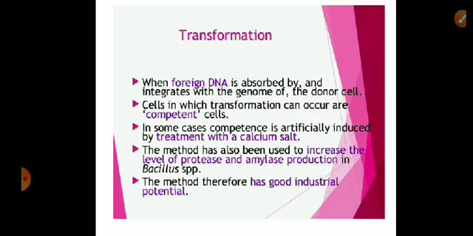What is transformation? When a foreign DNA is absorbed and integrated with the genome of the cell, that means a naked fragment of foreign DNA enters inside the recipient cell. The recipient cell accepts the fragment of foreign DNA, and the foreign DNA gets integrated into the DNA of the recipient cell.